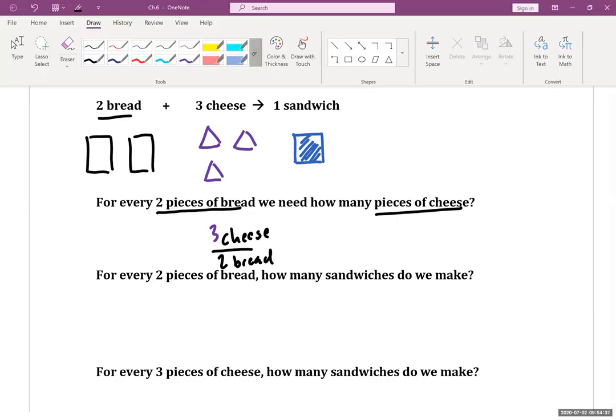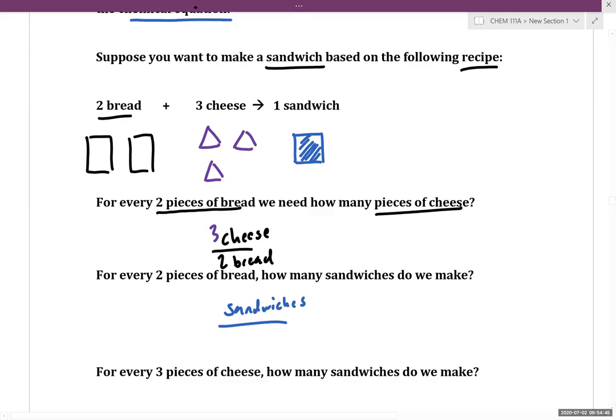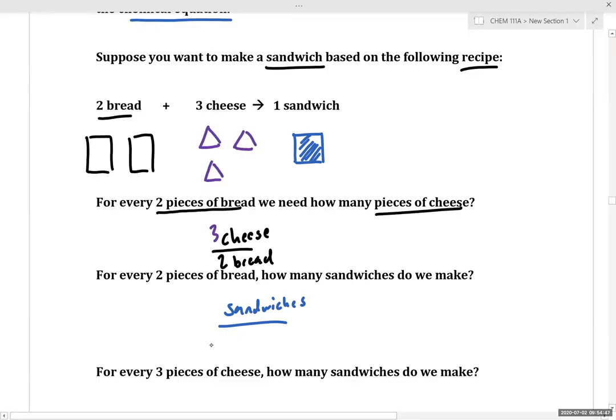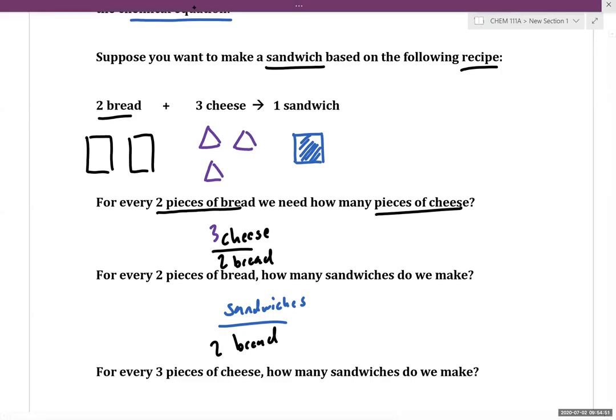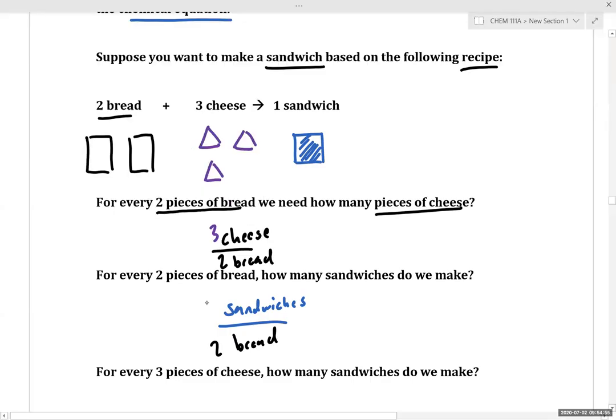Now let's look at a product relationship. How many sandwiches do we make for every 2 pieces of bread? How many sandwiches would we get if I only have 2 pieces of bread? 1, exactly. We have 1 sandwich for every 2 pieces of bread. This is a product relationship.